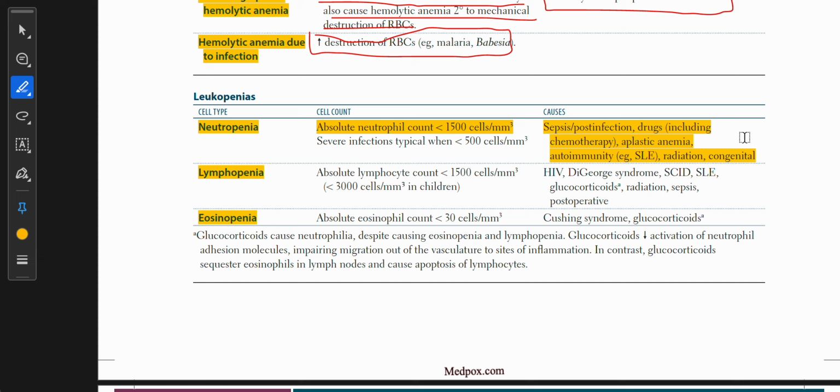In children, the criteria is slightly higher, because in children they are basically already increased in amount, so less than 3000 per mm cube in children is the criteria for lymphopenia. This occurs usually in HIV or DiGeorge syndrome, SCID, which is severe combined immunodeficiency, and SLE, systemic lupus erythematosus, glucocorticoids, radiation, sepsis, and postoperative cases.